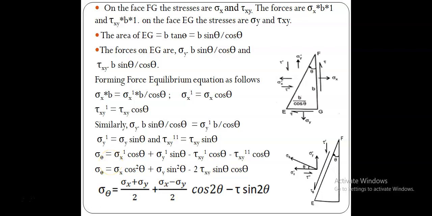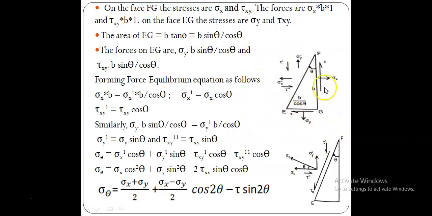Now we have determined all these inclined stresses. What are the stresses acting on these inclined planes? One is sigma x dash due to sigma x, another is tau xy dash due to tau xy, another is sigma y dash due to sigma y on this inclined plane, and another is tau xy double dash on this inclined plane due to tau xy.